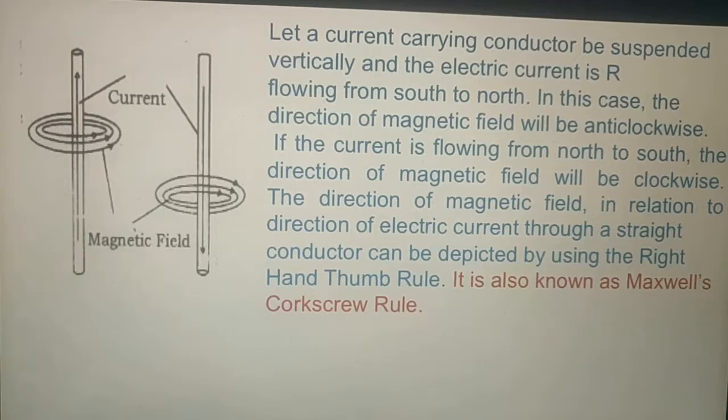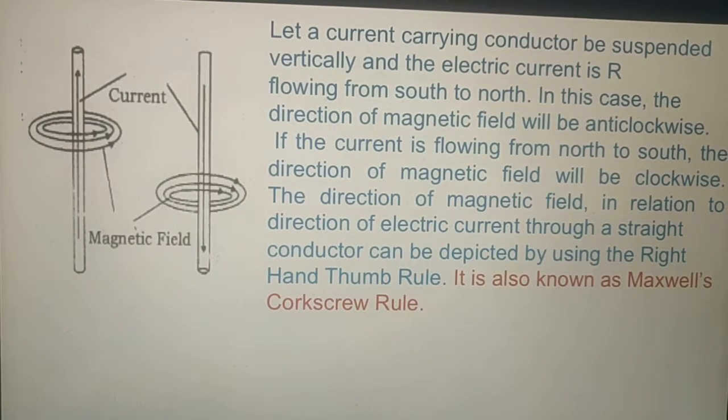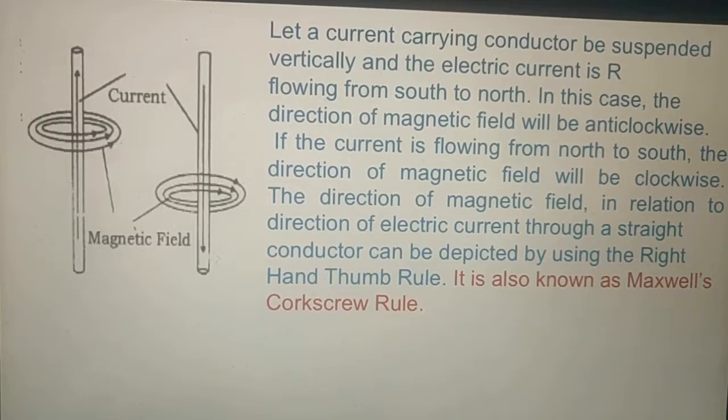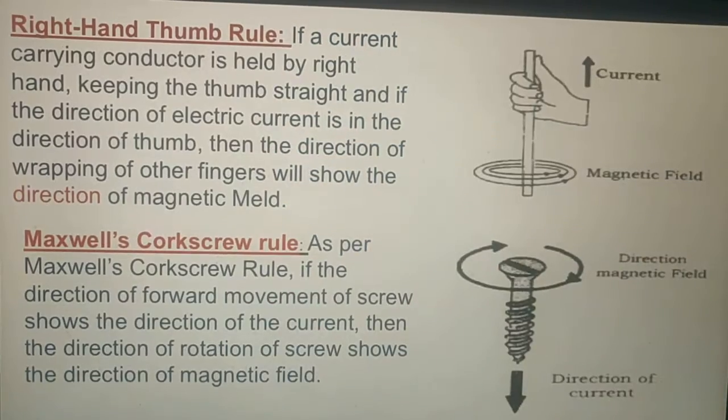The direction of the magnetic field in relation to the direction of electric current through a straight conductor can be depicted by using the right hand thumb rule. It is also known as Maxwell's corkscrew rule. This you can see here very clearly. This is a screw.